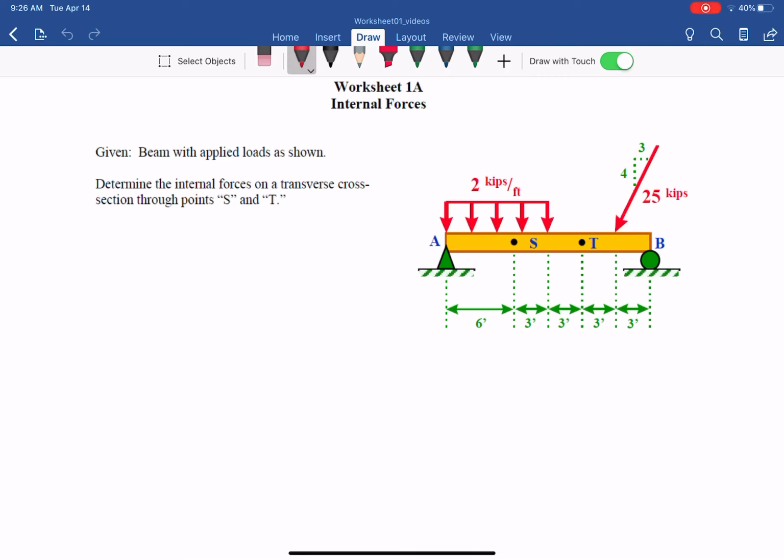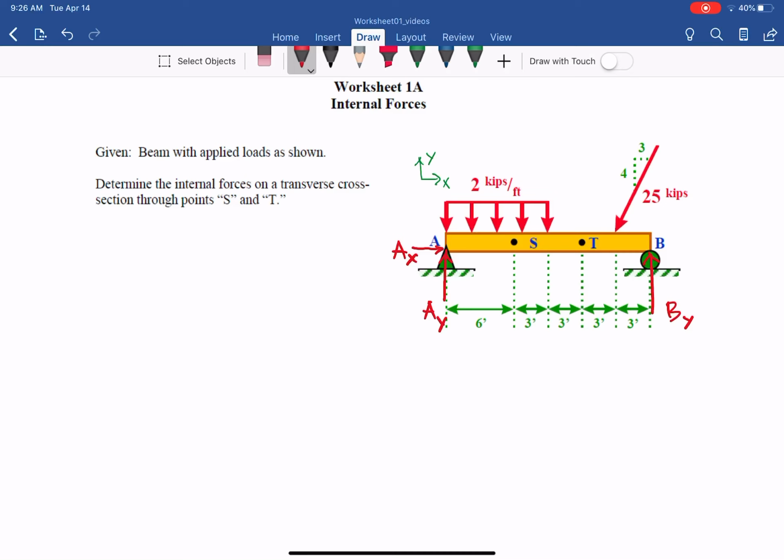So in the free body diagram, A is a pin, so you have AY and AX, assuming the directions are X and Y, and then at B a roller, so we have BY.